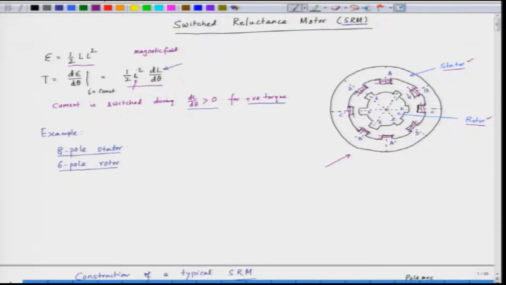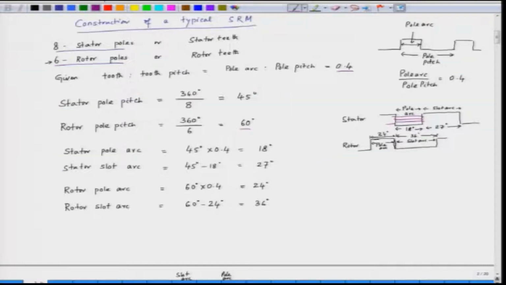In addition to 8 stator poles and 6 rotor poles, we are also given that the pole arc to pole pitch is 0.4. It means 40% of the pole pitch is covered by pole arc.